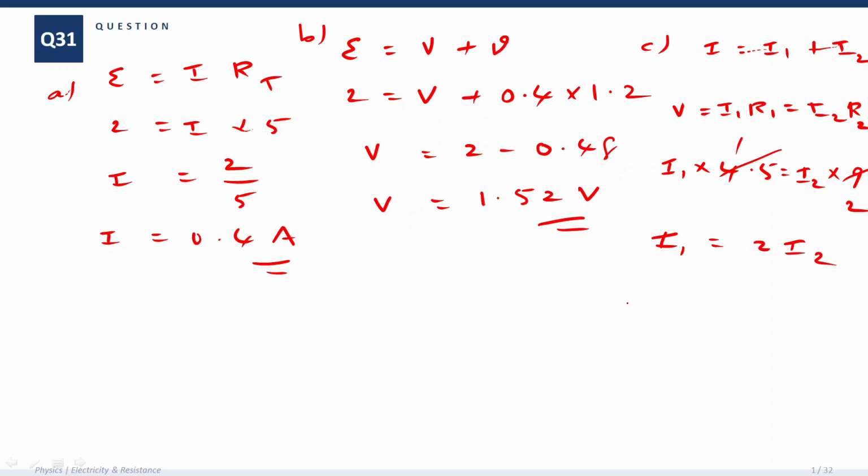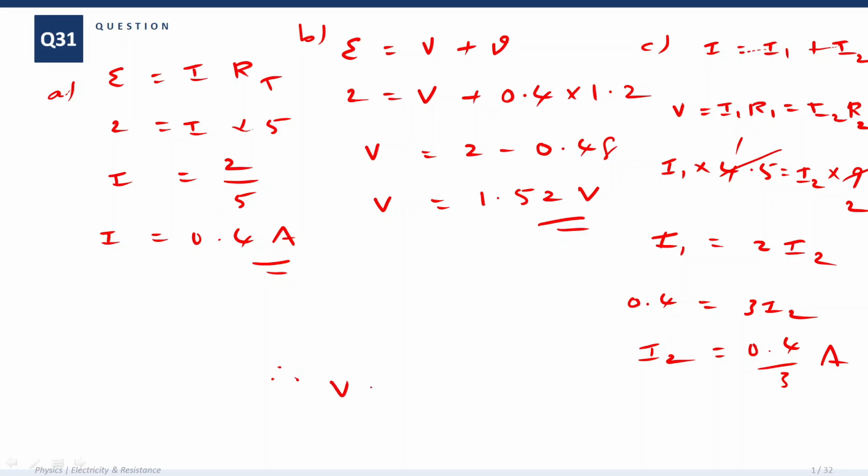We found the total current 0.4 ampere. Then the total current 0.4 equals 3 I2, since I1 plus I2 is 2 I2 plus I2, 3 I2. Then I2 you will get as 0.4 by 3 amperes. Now we need to find the potential.